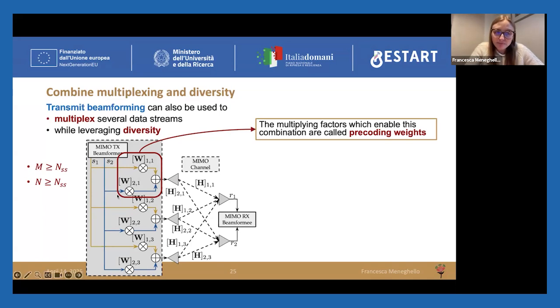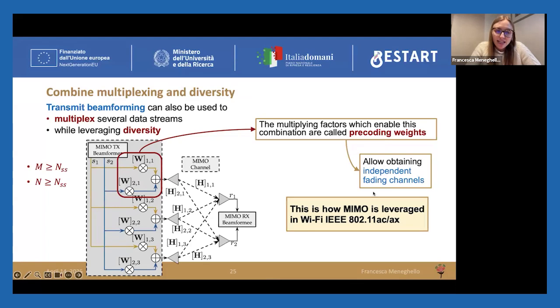So by using these precoding weights, by combining the different streams at the different antennas in a way that we will now see, we are able to increase both the multiplexing gain and the diversity gain. And these precoding weights are the ones that allow us to obtain the independent fading channels.